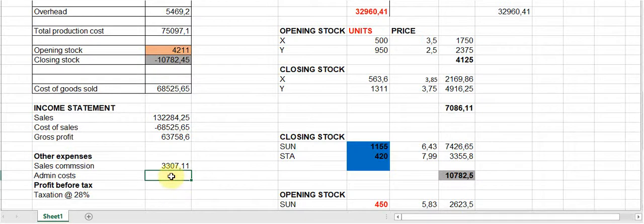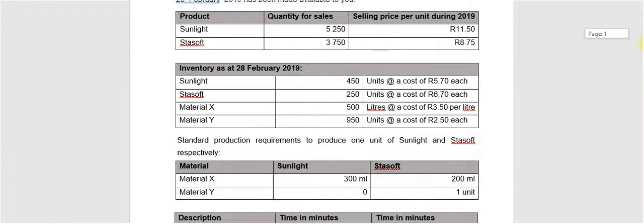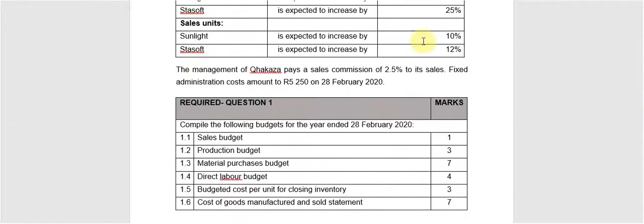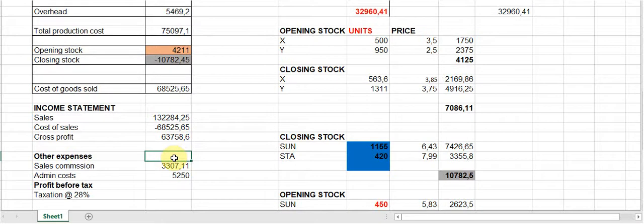Then for the administrative costs, we were told that they were 5250. And this figure I have gotten, or these figures I have gotten from here. Right, I'm just going to add these two together.